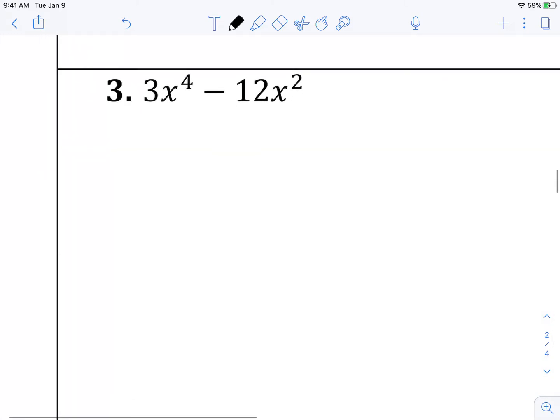Okay, so when we get to number 3, this is where factoring comes into play. So you want to check to see if it has a GCF first. If I look at my coefficients, 3 and 12, the common factor would be 3.